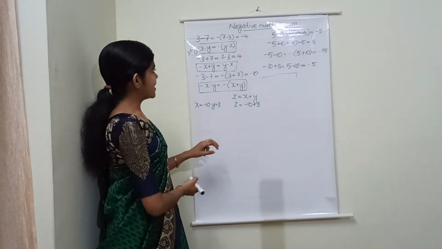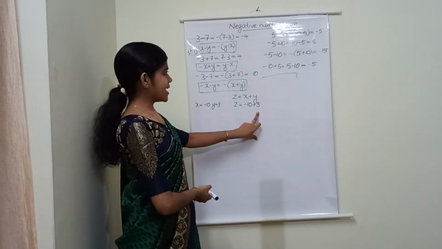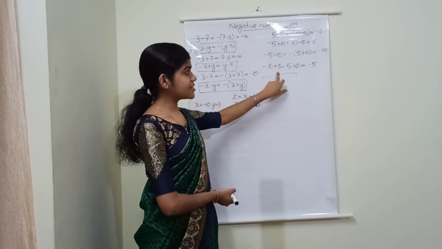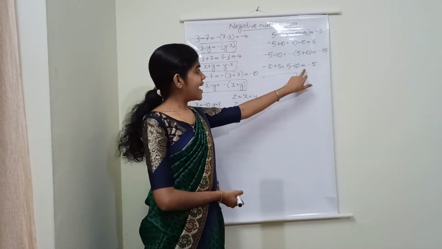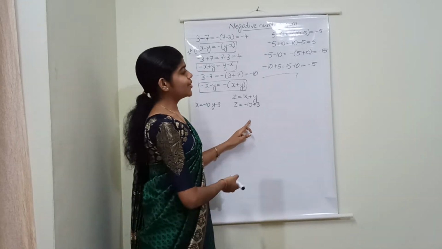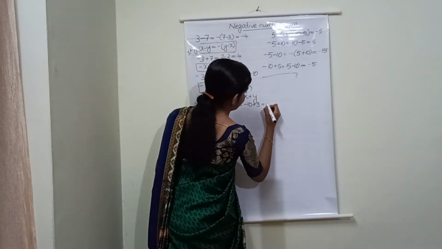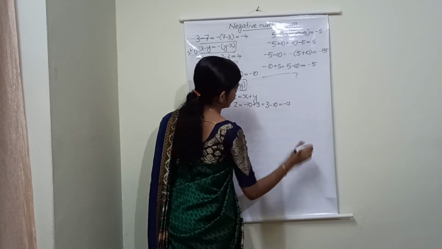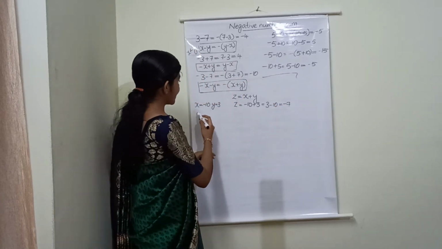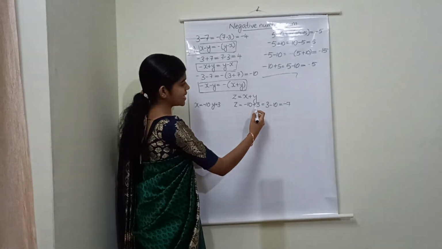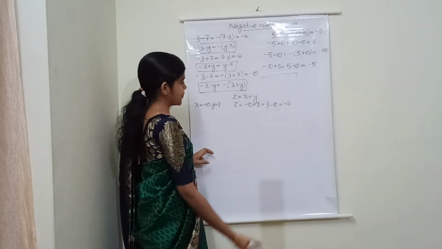Minus 10 plus 3 is equal to 3 minus 10, and that answer is minus 7. That is, by taking x equal to minus 10, y equal to 3, we get z equal to minus 10 plus 3, that is equal to minus 7.